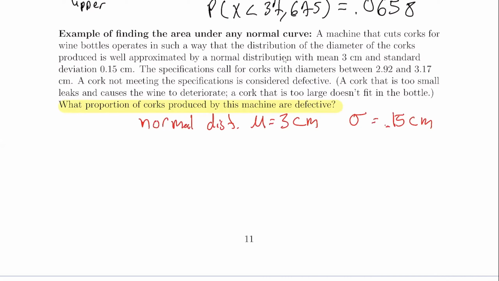Anything bigger than 3.17 diameter or anything below 2.92 is considered defective. Because if it's too small, the cork wouldn't stop anything, or if it's too big, they can't cork the wine. So let's go ahead and draw this.